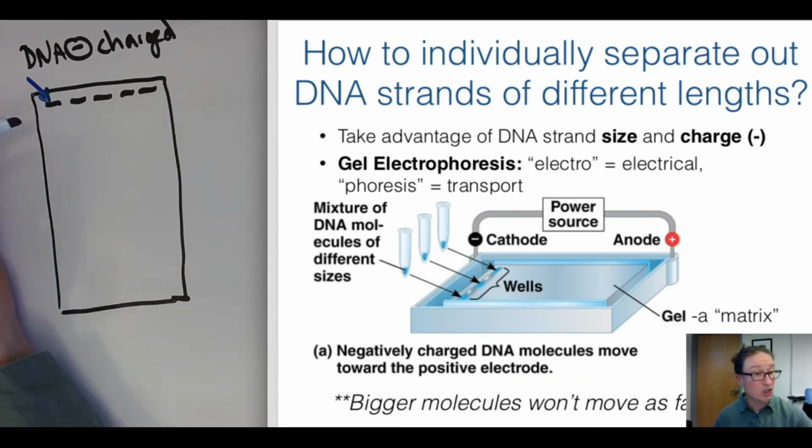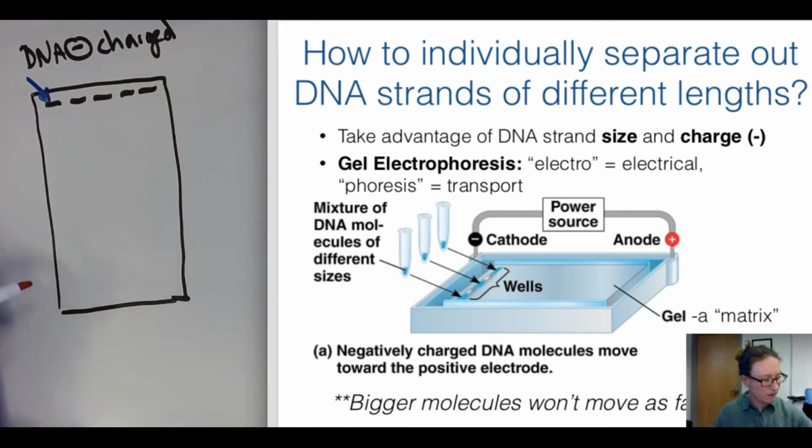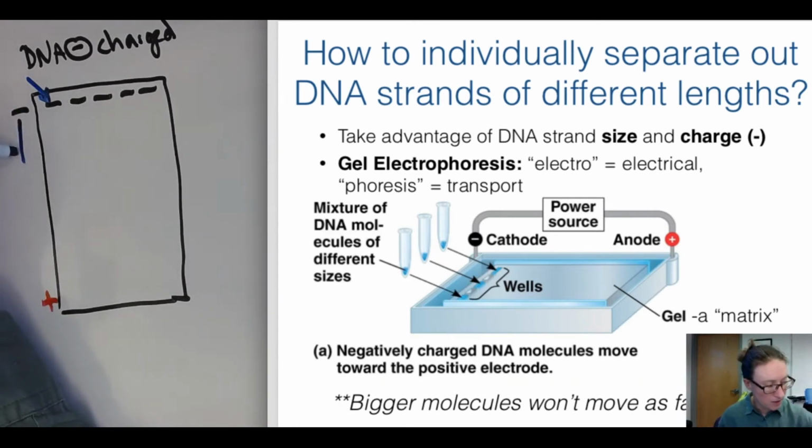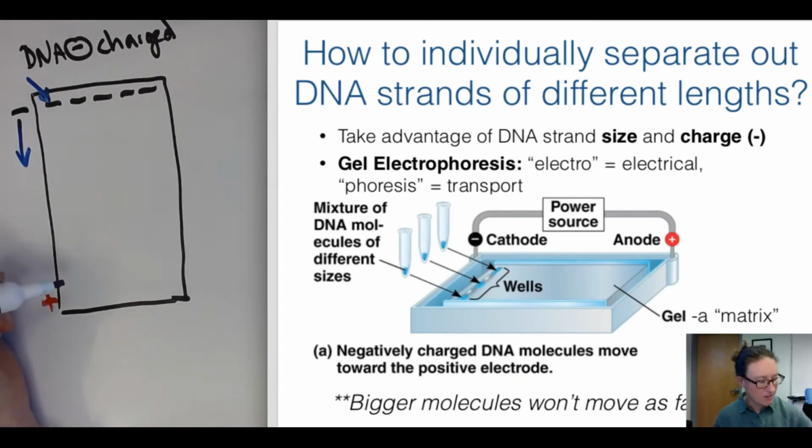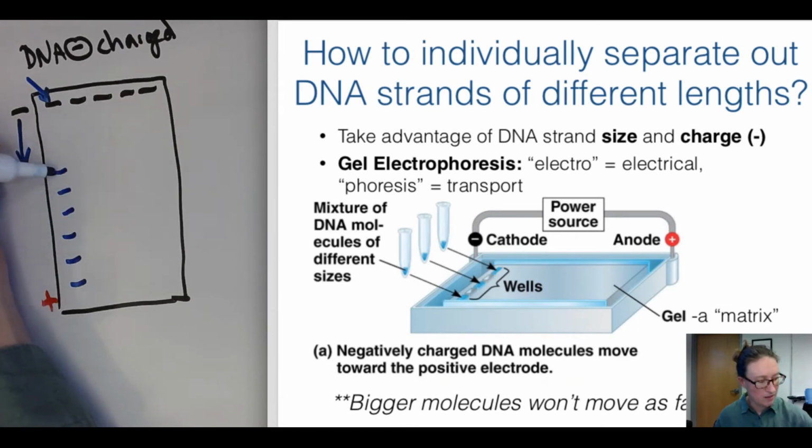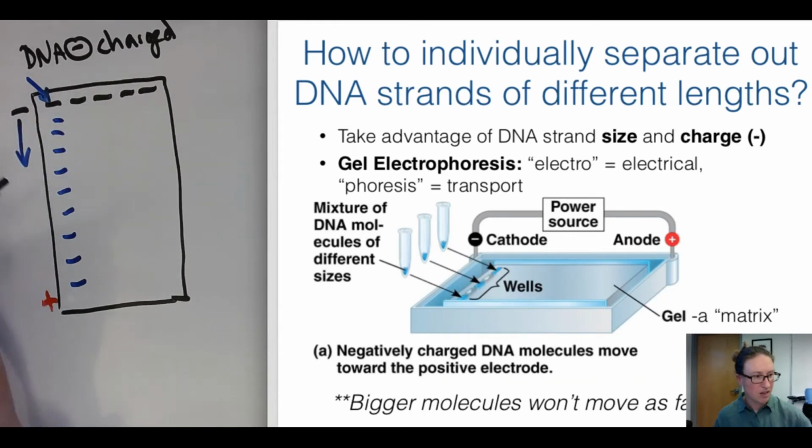And if you apply a charge across this space, so if you have a positive voltage at the far end and then a negative voltage at the near end, since DNA is negatively charged, that DNA is then going to move towards the positive pole. And the smaller the piece of DNA, the further it will move. And you can actually do this in a way that generates a set of bands.